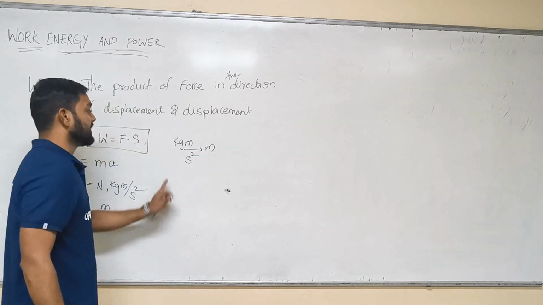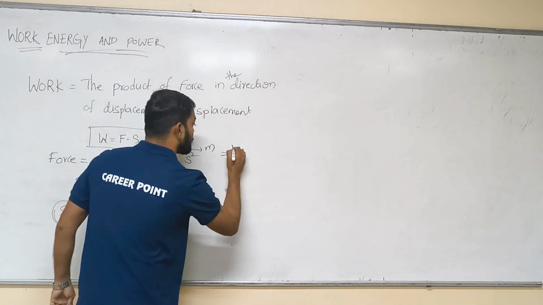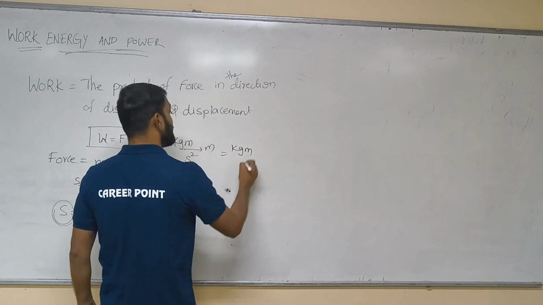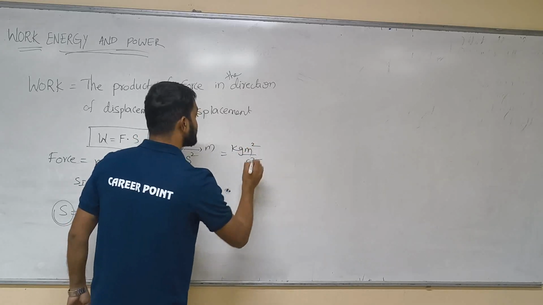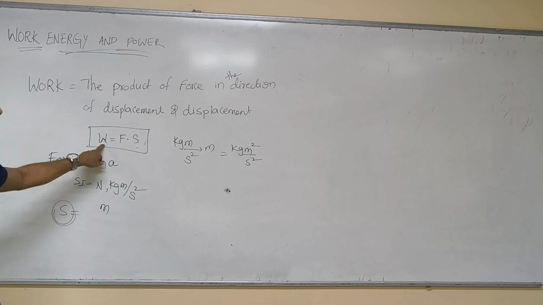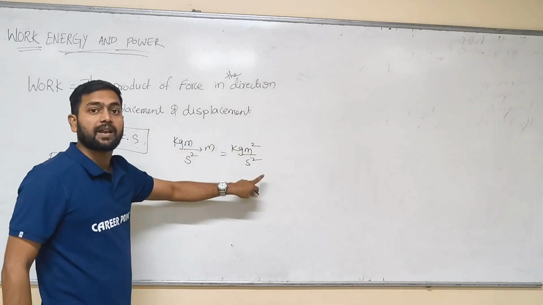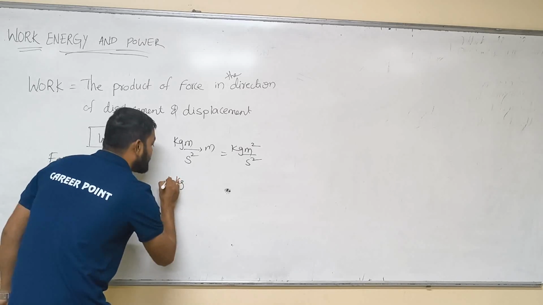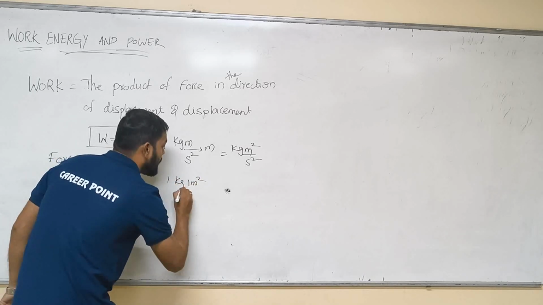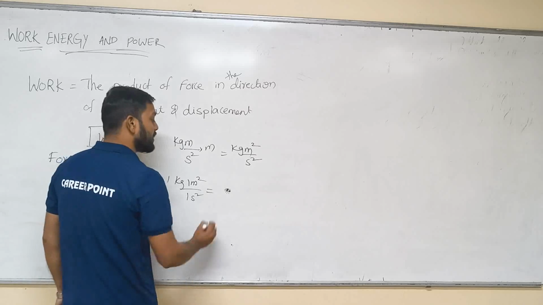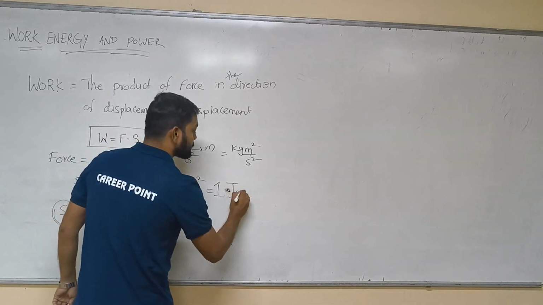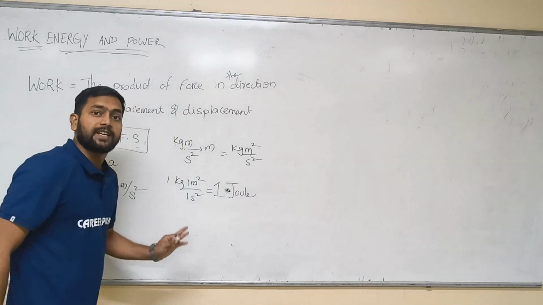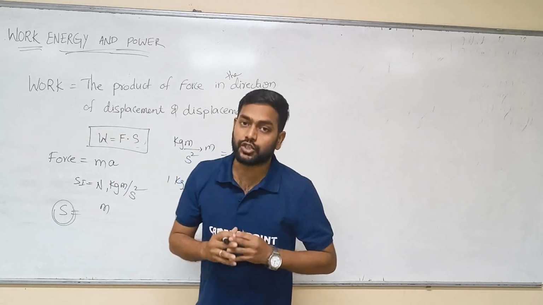So this will be kg meter square per second square. And 1 kg meter square per second square is equal to 1 joule. So the unit of work is also joule.